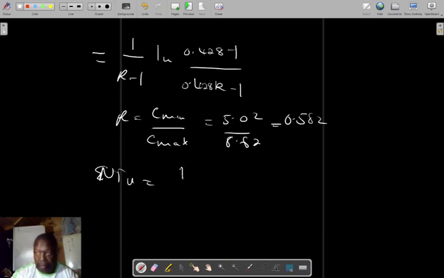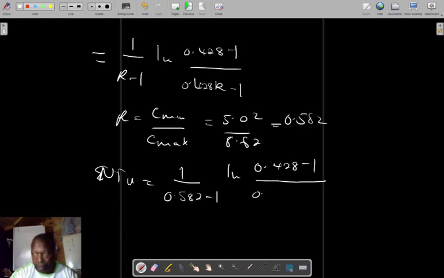So our NTU is equal to 1 over 0.582 minus 1 times ln of 0.428 minus 1 over 0.428 times 0.582 minus 1, and that gives us a figure of 0.651.